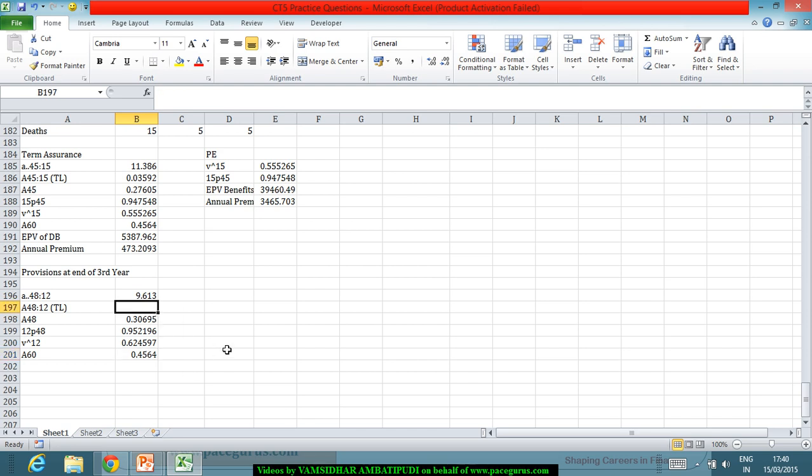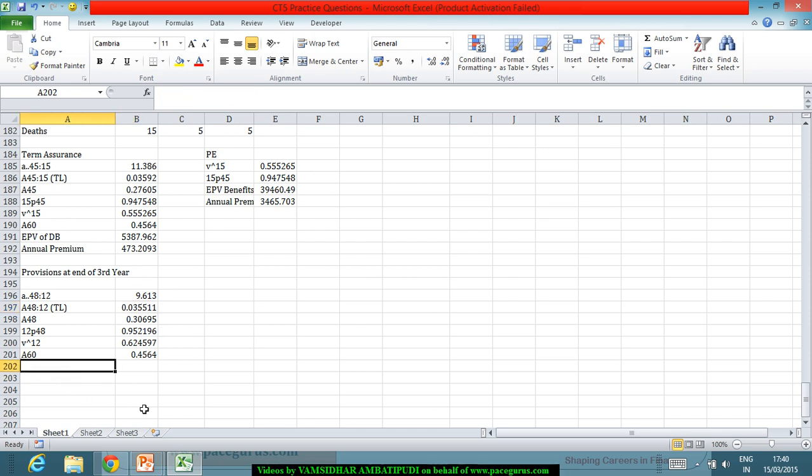So from here I can find out my A4812, which works out as A48 minus the multiplication V12P48 into V power 12 into A60. So this is coming out to this much.